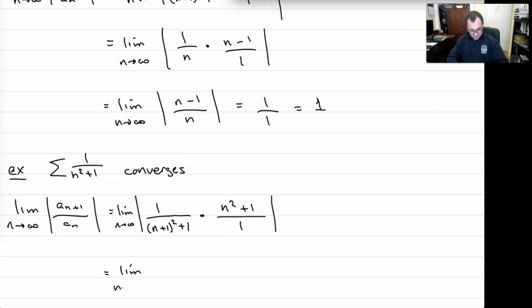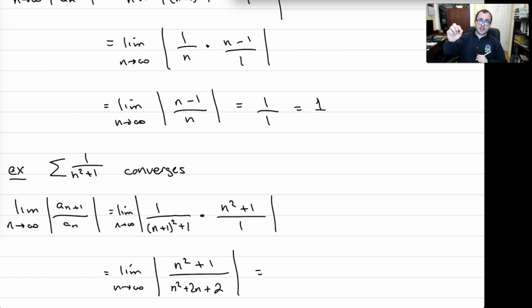which is the limit as n goes to infinity of (n squared plus 1) over, I'm going to write this as n squared plus 2n plus 2. And because that's a quadratic divided by a quadratic, the limit is going to be the quotient of leading coefficients, which is 1, because the coefficient on n squared is 1n squared, and 1n squared on the bottom.